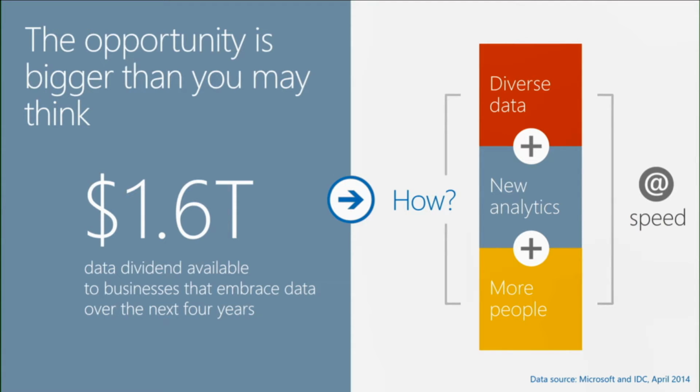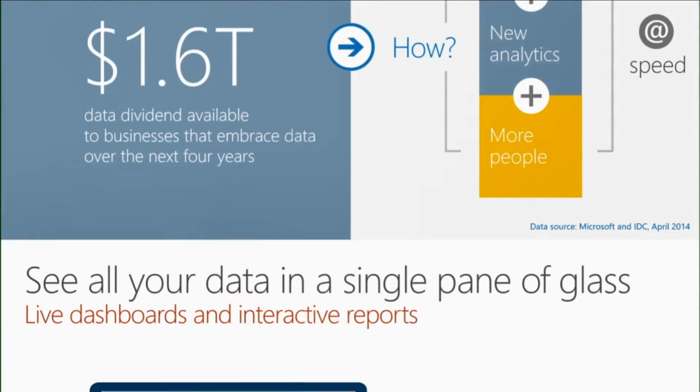Through providing the ability to access diverse types of data, by providing new analytics, new visualizations that are a little bit more efficient in communicating the types of data and the status that are being reported from our ERP systems and from Project Online. And lastly, by providing access to more people in our organization. So by putting that data in additional people's hands, we can streamline how they get access to it and actually make decisions.